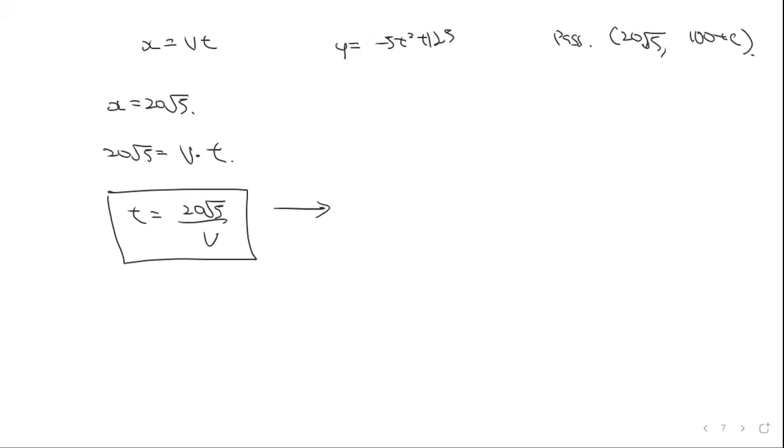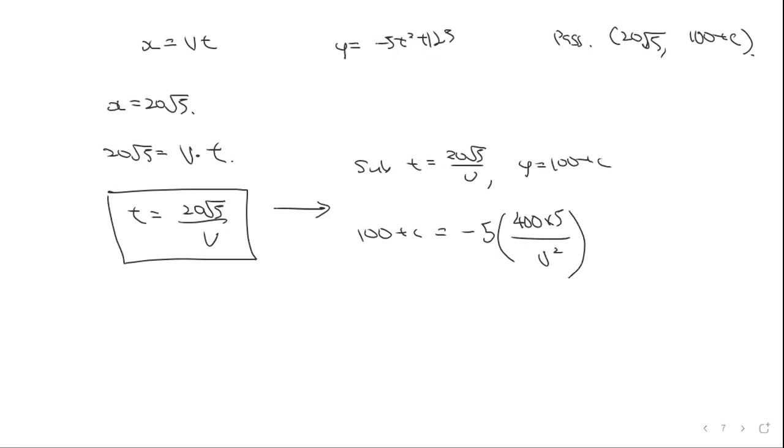So y, of course, sub t equals 20 root 5 over v, as well as y equals 100 plus c. We'll get 100 plus c equals negative 5 times t squared, which is going to be 400 times 5 over v squared, plus 125.